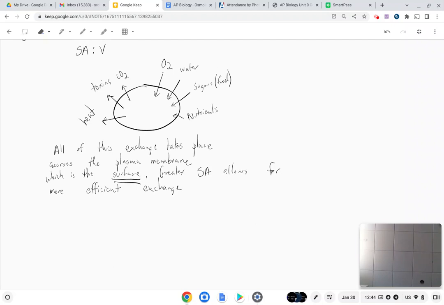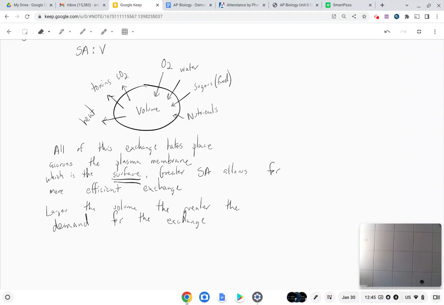Also, we need to talk about the volume. So interestingly enough, the larger the volume, the greater the demand for the exchange, right? So in other words, if we have a really large volume, we're going to be producing more toxins.